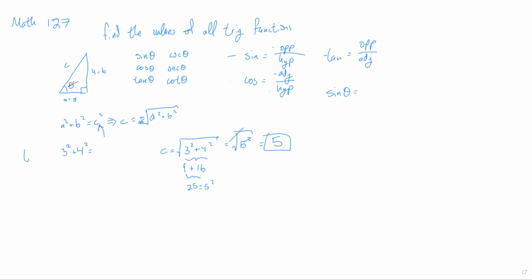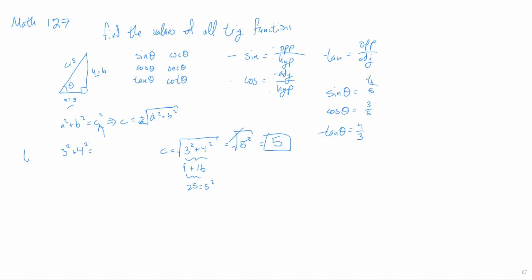From this angle, the opposite is going to be 4. Hypotenuse is going to be 5, as we just found out. And then cosine is going to be the adjacent, so that's 3 over 5. Tangent is going to be the opposite over adjacent, so that's 4 over 3.